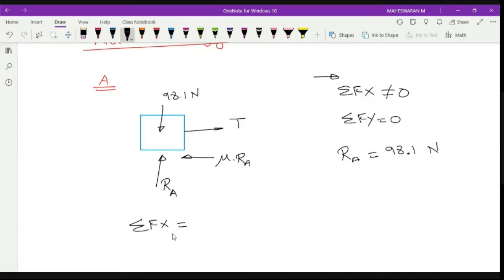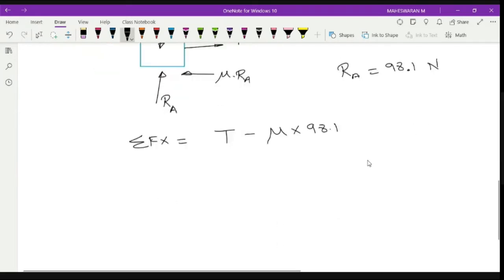The direction of motion is along this direction, so that is considered positive x. Sigma Fx is T minus mu into 98.1. Sorry, I was thinking of mu as 0.3, but it is T minus mu into 98.1.